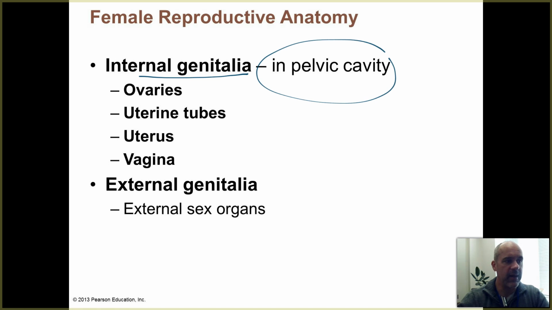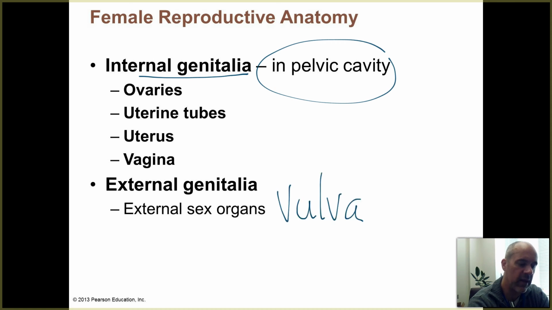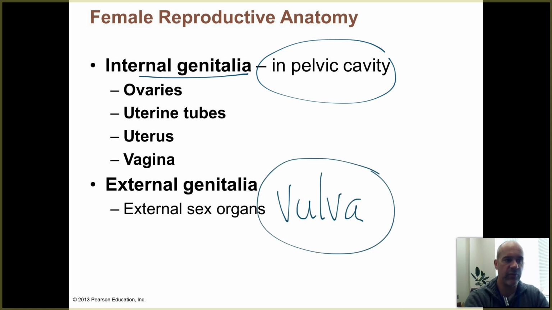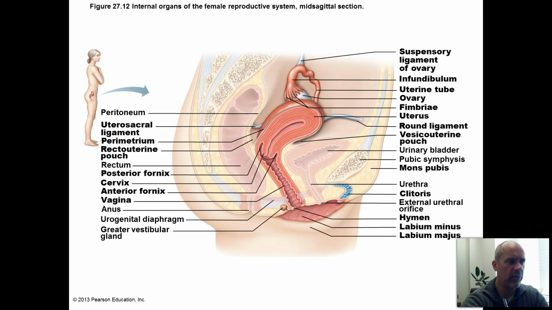And the external genitalia include various external structures. The collective name for all of those structures, as we've talked about over on the anatomy videos for the unit, is called the vulva in a female. So the labia majora and minora, and the other structures that are located there on the external part of the female anatomy, are collectively referred to as the vulva.